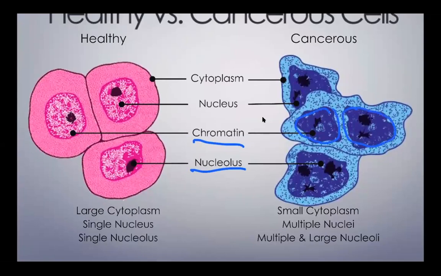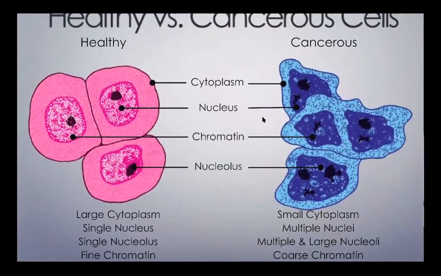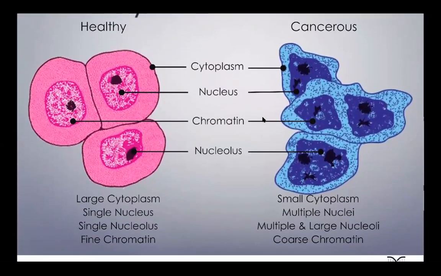They're just copying it constantly in order to get ready to divide. And there are multiple large nucleoli, which also play a role in creating proteins and creating all that DNA. So the ultimate thing to recognize is that the cancer cells are pretty distinguishable and they're not very healthy looking.